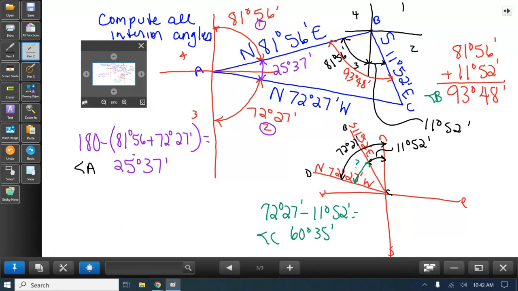For exterior angles, number of sides plus 2 times 180. I'm going to add these together. Got 180. So that's a plus.